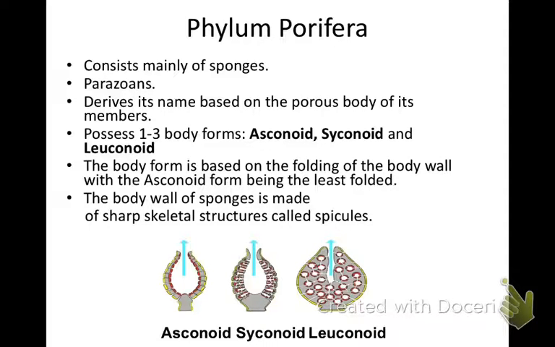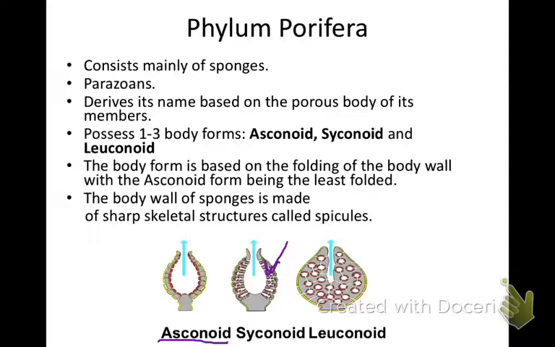Sponges can have three different body forms. You can have the simple asconoid body form, which is simply a cup-like structure, and the collar cells would be lining that inside of the cup. Then we begin to make more complex body forms, such as the syconoid body form, by creating invaginations in the body wall.